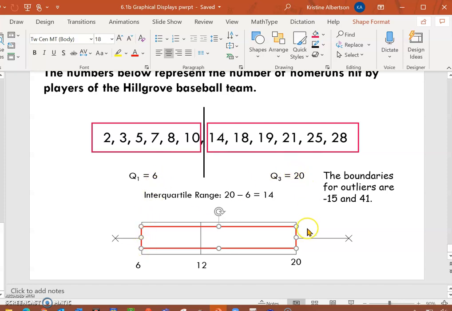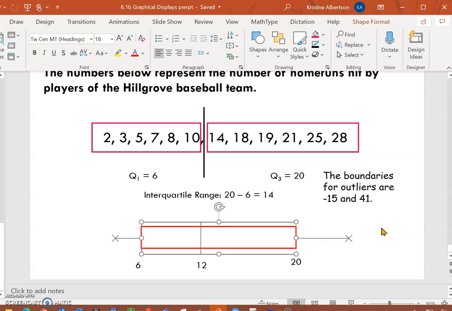The upper quartile is 20. You can see right back here, this box represents the middle 50% of the information. The lowest score, or the minimum, was 2, and the high score, or the maximum, was 28. So that represents our box plot.